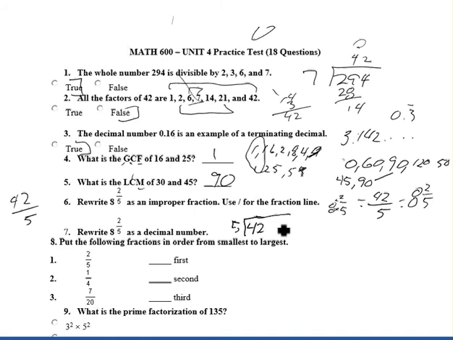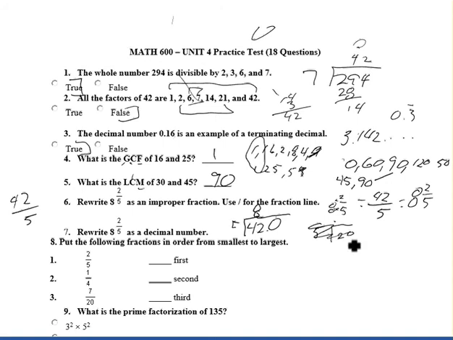You know what, I already knew it was 8. We could have just kept the whole number right there and put a decimal here, and divided 5 into 2. But anyway, let's do it this way.